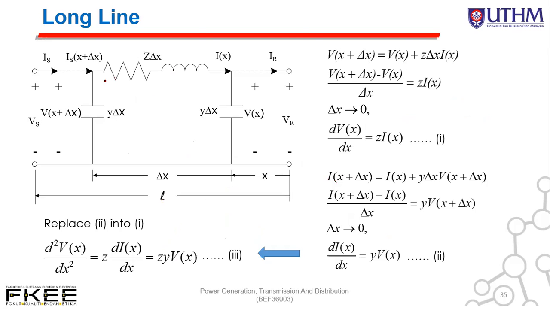So let's look at the simplified equivalent circuit. From this circuit, we have the sending voltage here, and then the sending current IS. The current goes throughout the transmission line, so the current keeps changing, that is Ix plus delta x.